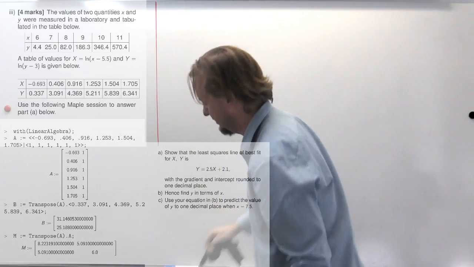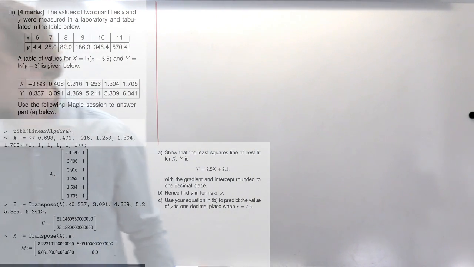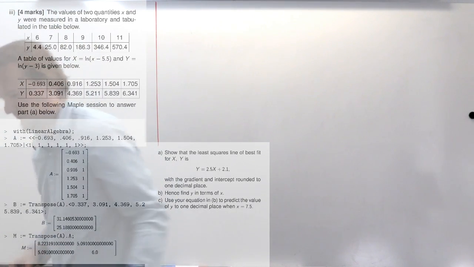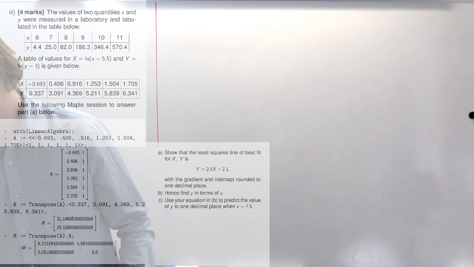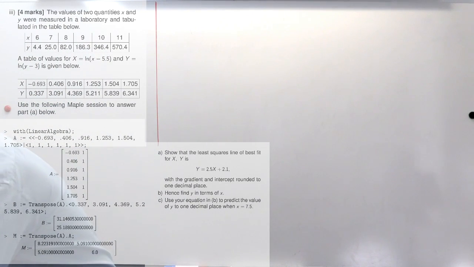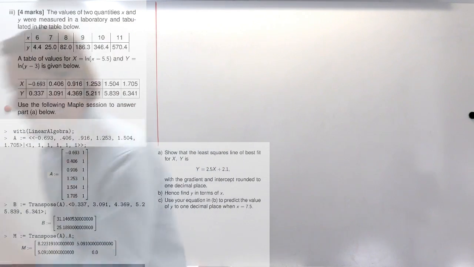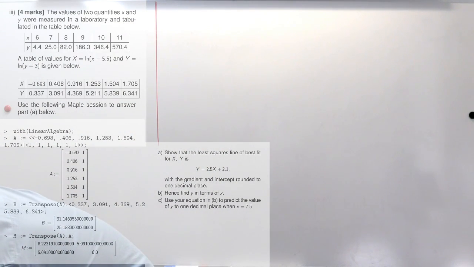So for this question, it shouldn't really take too long because although there are a fair number of data points, all the calculations have been done already. There are a lot of parts to this question.